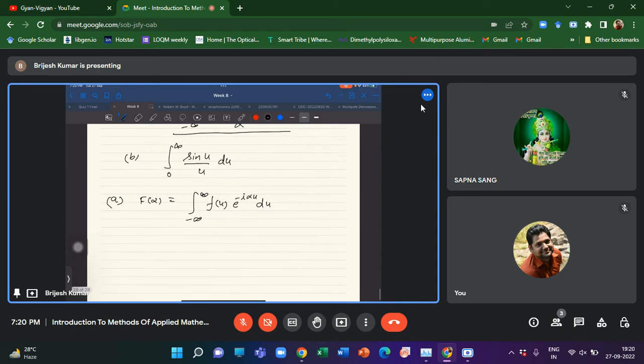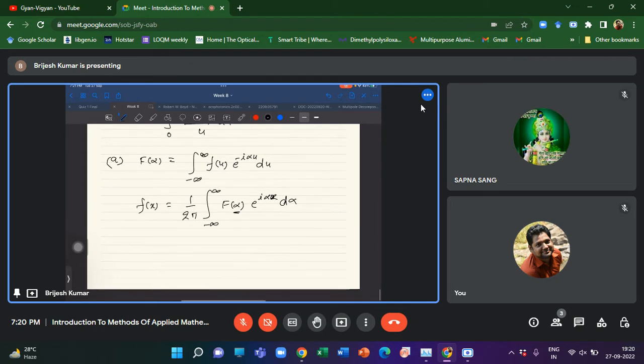If this is the Fourier transform, then the inverse, how can we write that: f of x is equal to 1 upon 2 pi integration of minus infinity to infinity of this F of alpha e to the power i alpha x, now we will integrate with respect to d alpha.